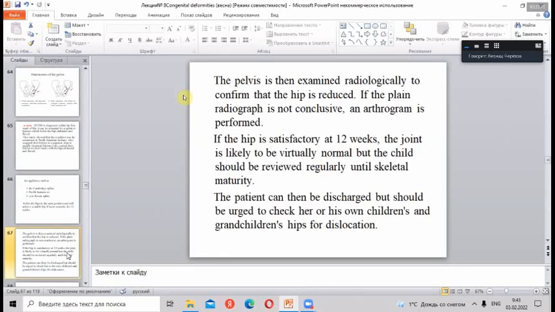The patient can be discharged, but should be urged to check her or his own children's and grandchildren's hips for dislocation.